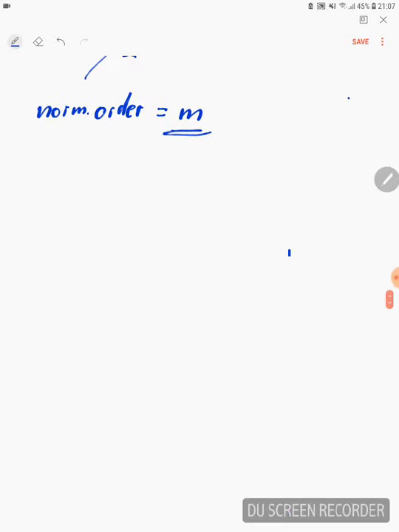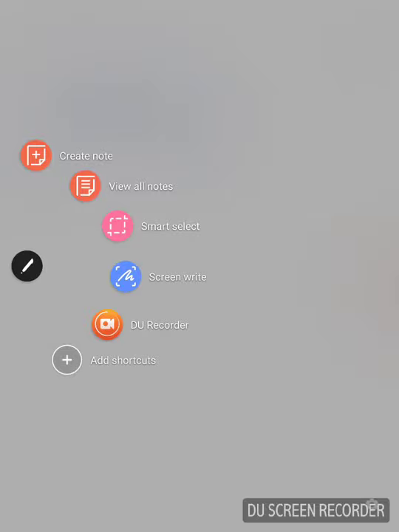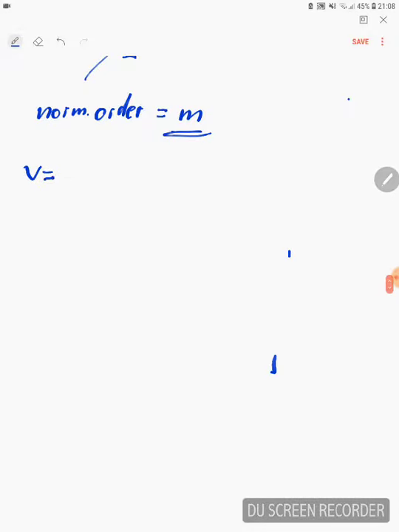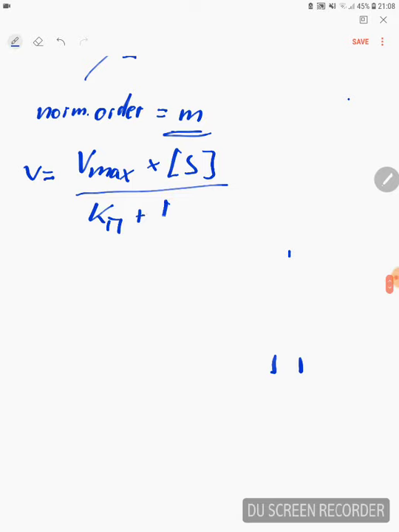Now, if we have, for example, the Michaelis-Menten equation, let's have a look at how this would look. We have V equals Vmax times S divided by Km plus S. So we have here the added complexity that we have basically a quotient in which our S appears.